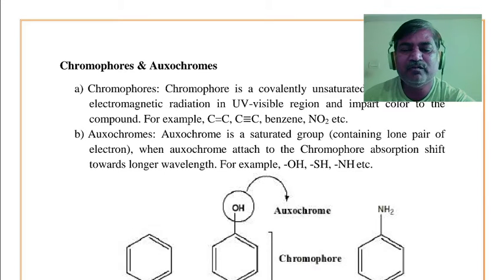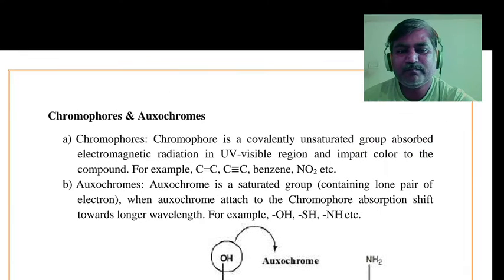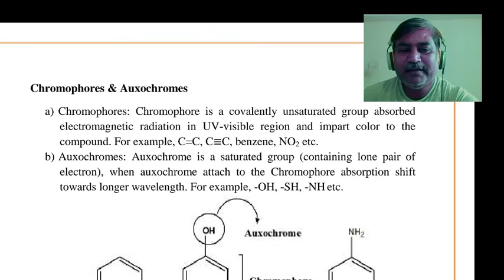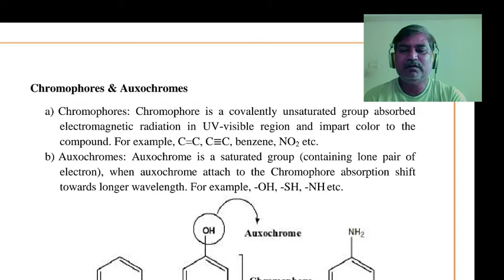First you have to remember properly, chromophores are the compounds containing covalently bonded unsaturated groups which are capable of absorbing electromagnetic radiations in the UV visible region and imparting color to the compound. Okay.